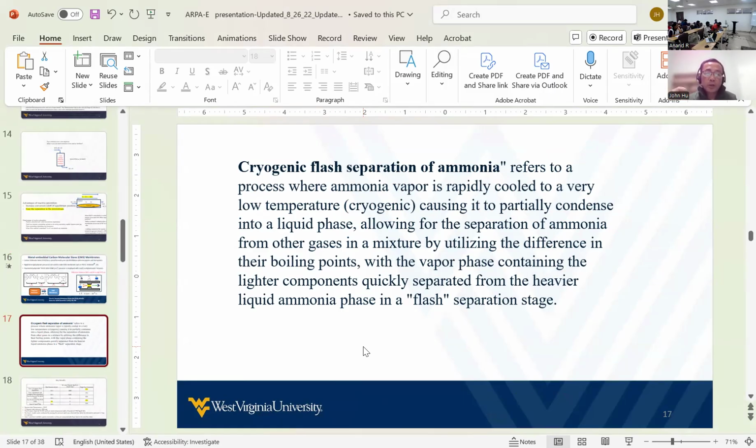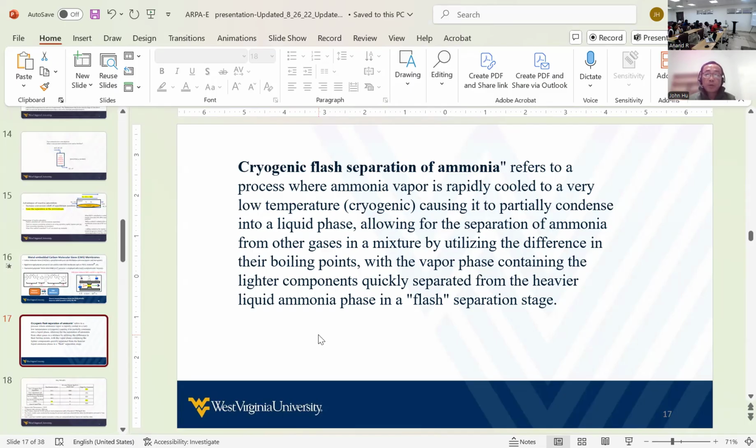Here, you basically chill the vapor. This cryogenic flash separation refers to a process where ammonia vapor is rapidly cooled to a very low temperature. It's different from a cryogenic condenser, which is under pressure and temperature. Here, because it's low pressure, we don't have to touch the pressure. All we care about is the cryogenic, but it's very cold.